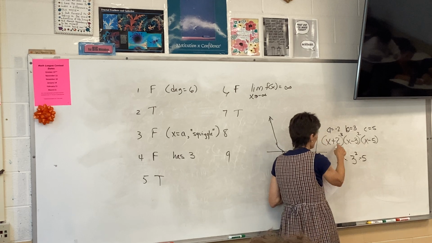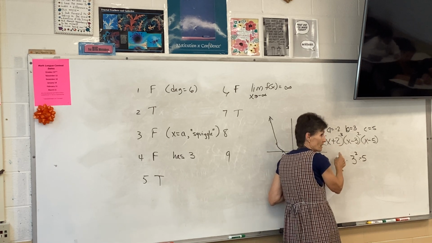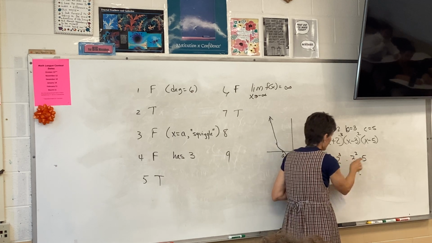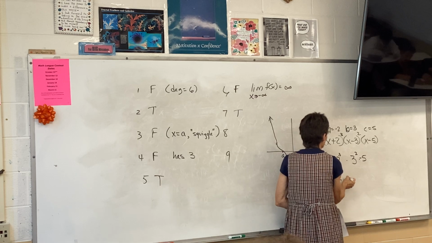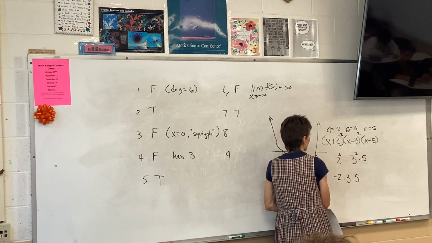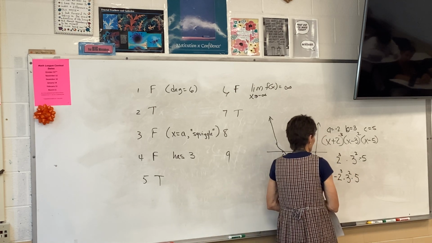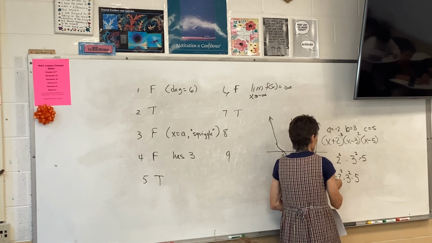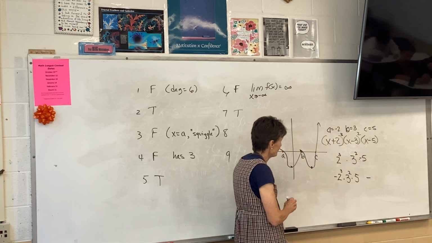This one, if it had a negative and it was cubed, it would stay negative. I'm trying to figure out what's going on here. So, my values are negative 2, 3, and 5. Those are my C values. This one is squared and this one is cubed. So that would end up being a negative answer, right?